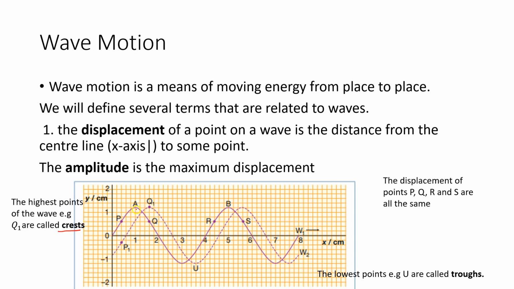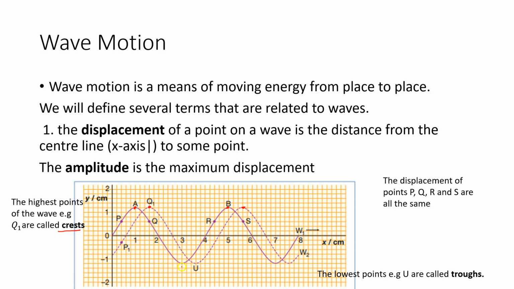We could look at A as well. A would also be a crest. Q1 would also be a crest. B is also a crest. This position is also a crest. So that maximum displacement at all times at the top of the positive region, those are what we call crests.